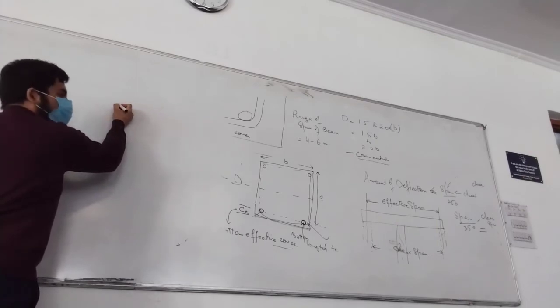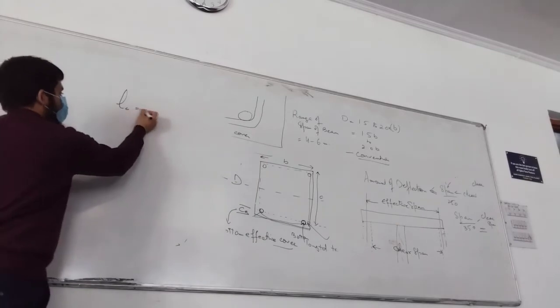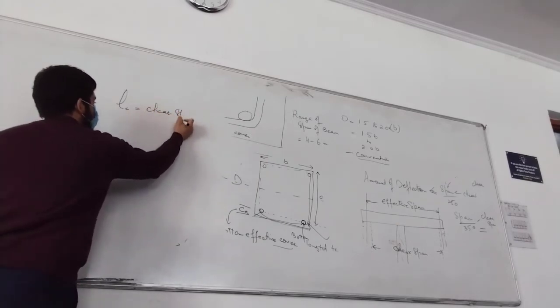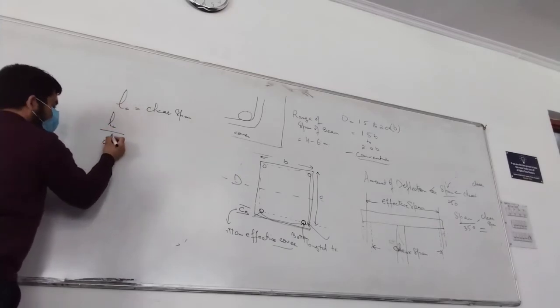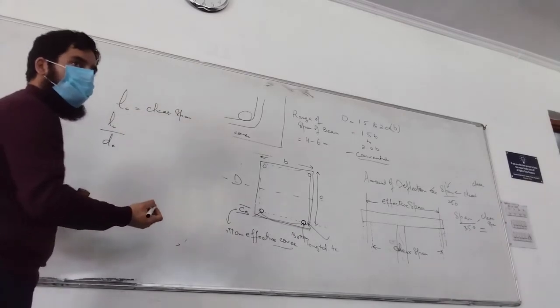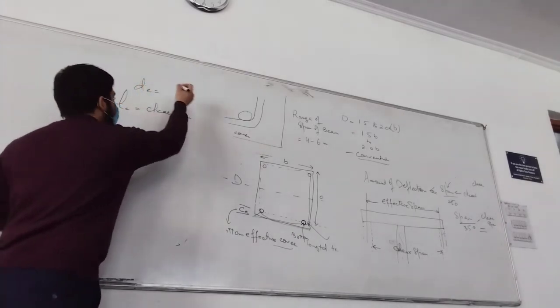Now span again clear span, like if we clear span LC, this is clear span, to effective depth D, or you can also name it as DE, effective depth. This is DE here, or just D.